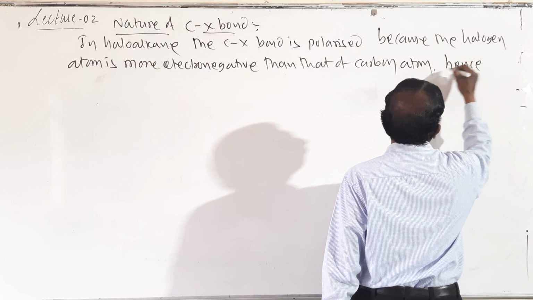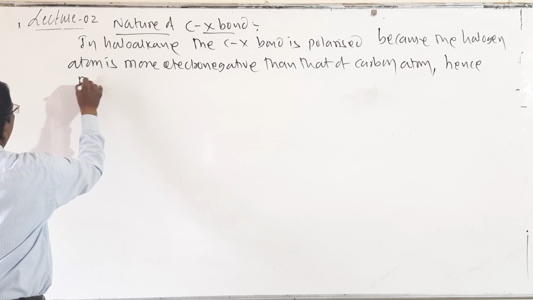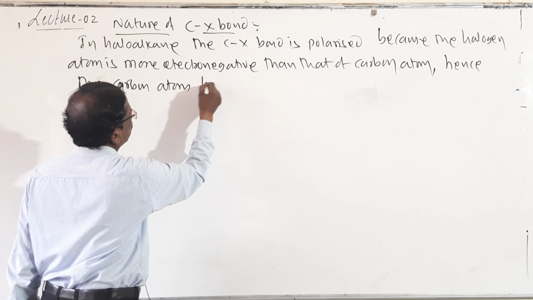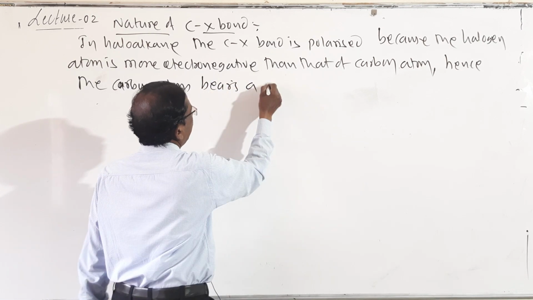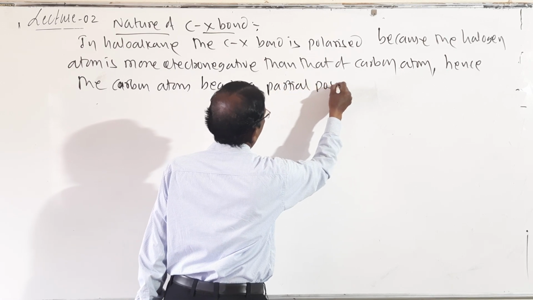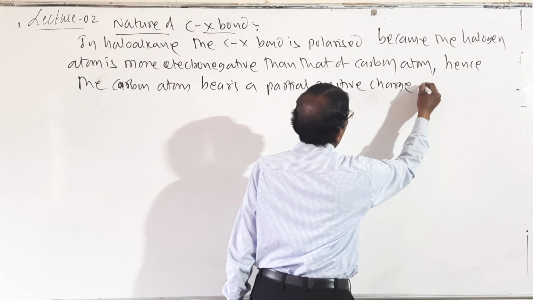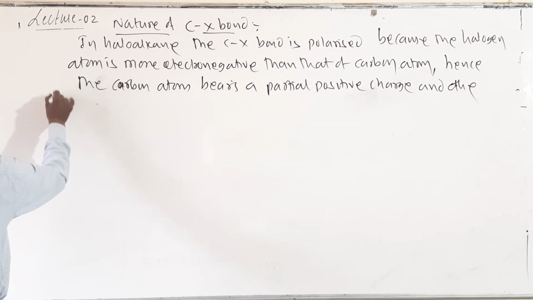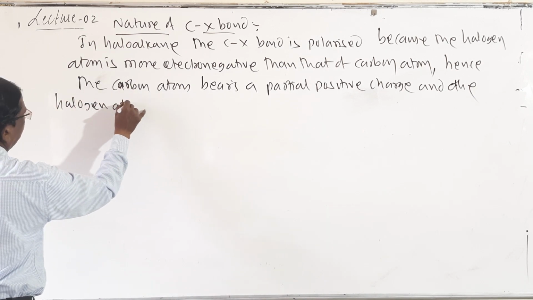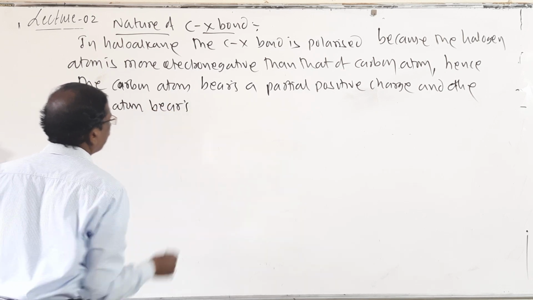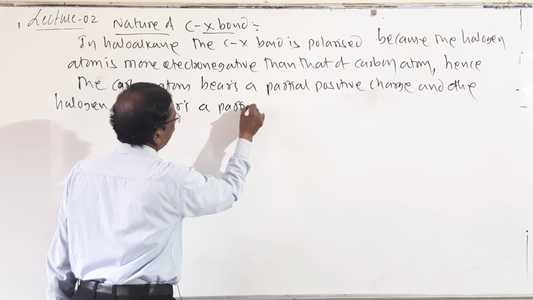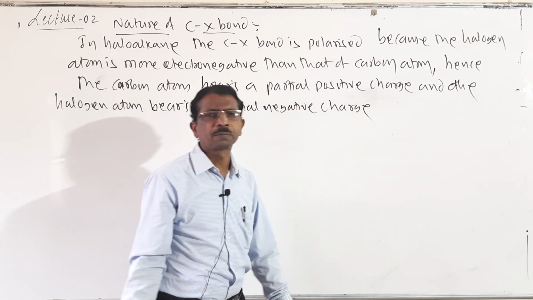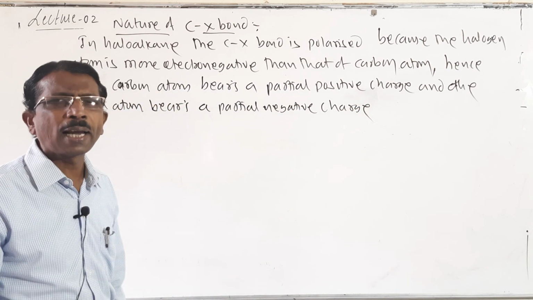Hence the carbon atom bears a partial positive charge and the halogen atom bears a partial negative charge. So hence it is polarized.